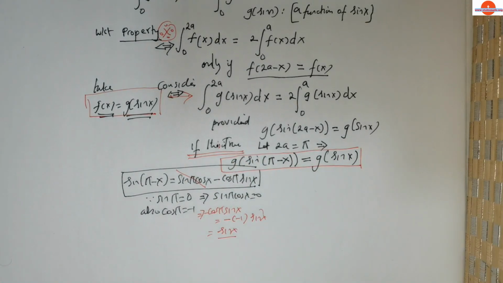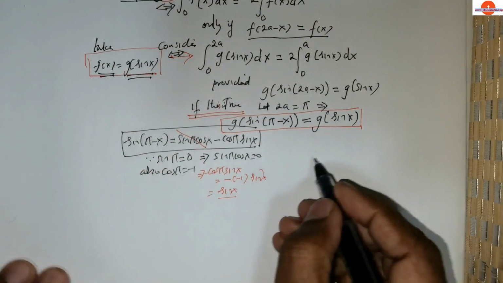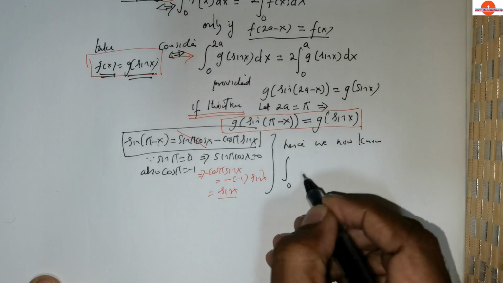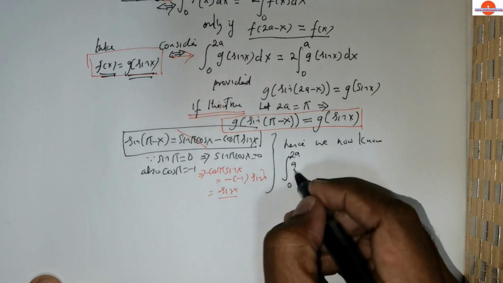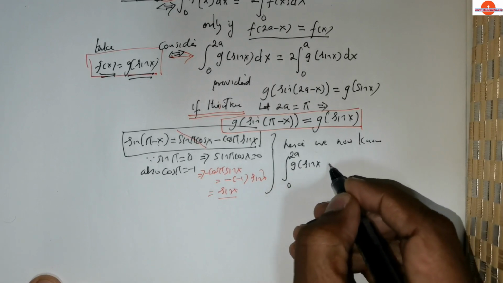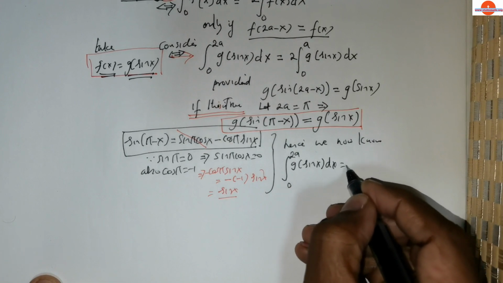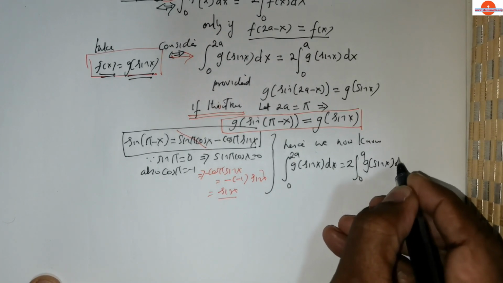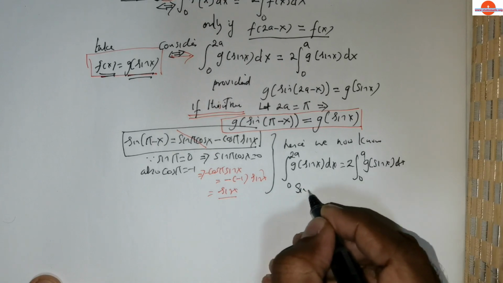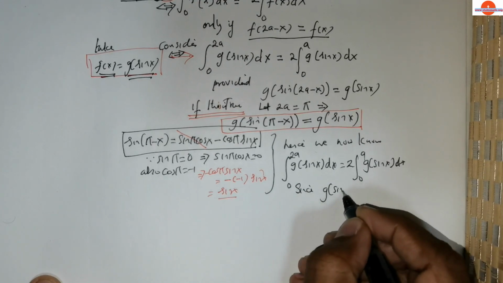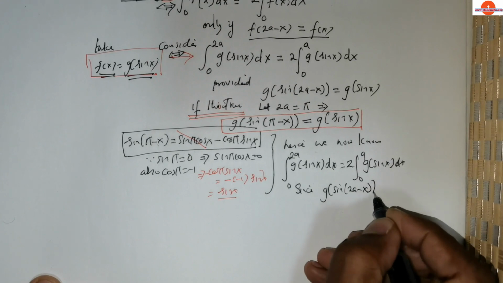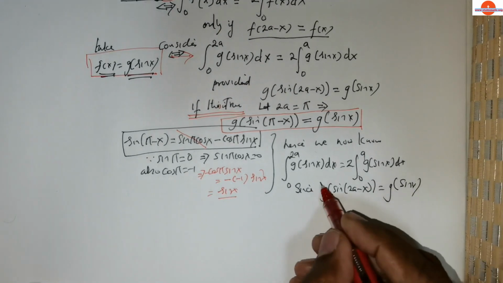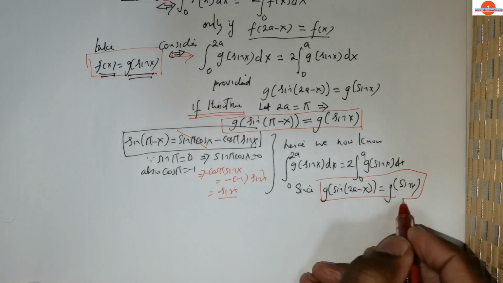Okay, so I can make this conclusion. Hence we now know integral 0 to 2a g of sine x dx is equal to 2 times integral 0 to a g of sine x dx, since g of sine of 2a negative x is equal to g of sine x. So we have shown this here.